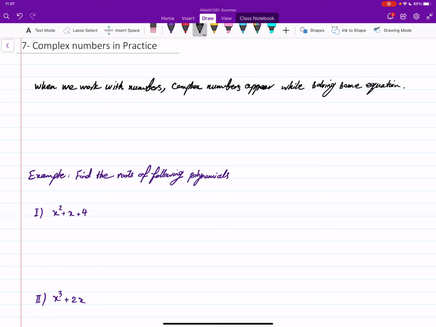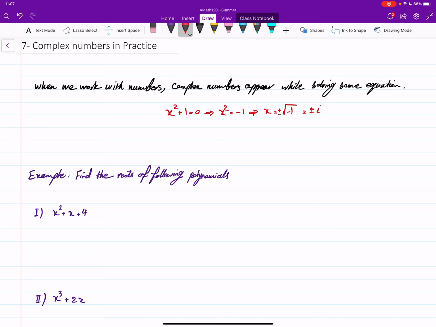Well, the best example of this is when you're trying to solve x squared plus 1 equal to 0. Then you say that, okay, this is x squared is -1. There's no real number such number. So that's where you actually see the first not real number, and that is exactly what we called i.